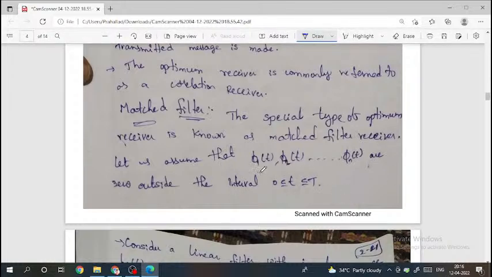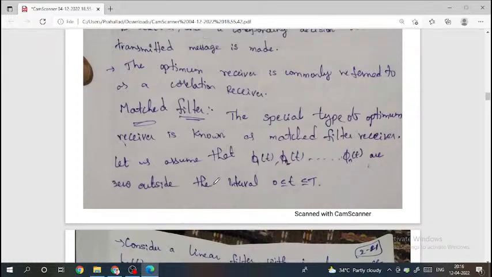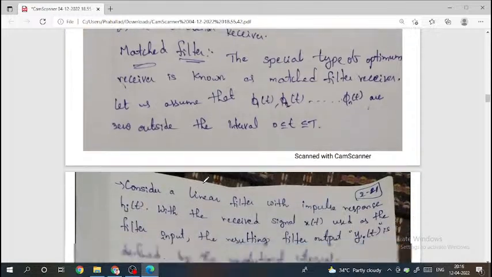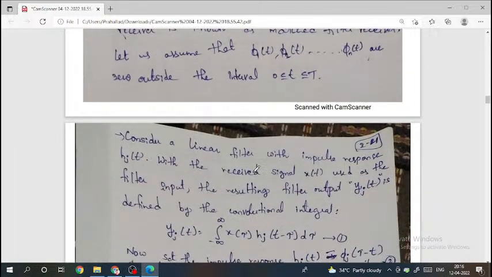This will help to get the expression for the maximum signal to noise ratio of the matched filter. Here, like a theorem, we will assume this and get the signal to noise ratio expression of the matched filter.